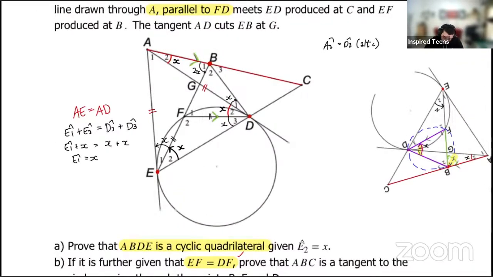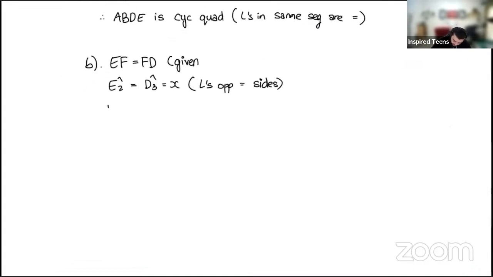Then what did we say next? AE is equal to AD. Oh, then we proved B1 actually. We said B1 is equal to D2 plus D3. B1 is equal to D2 plus D3, so I can just say which is equal to 2x.